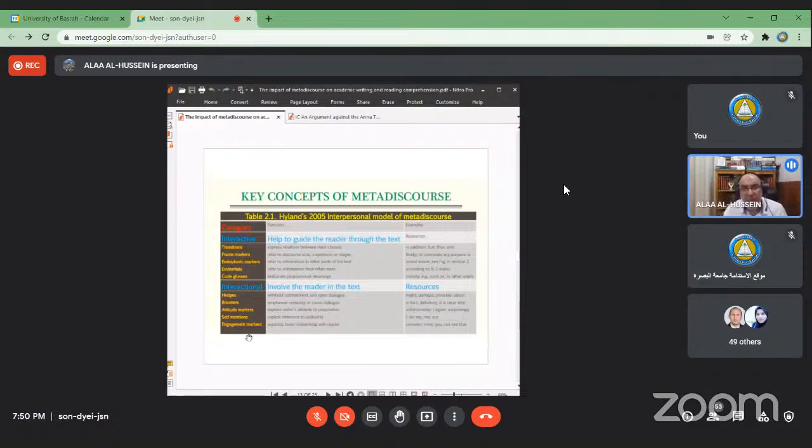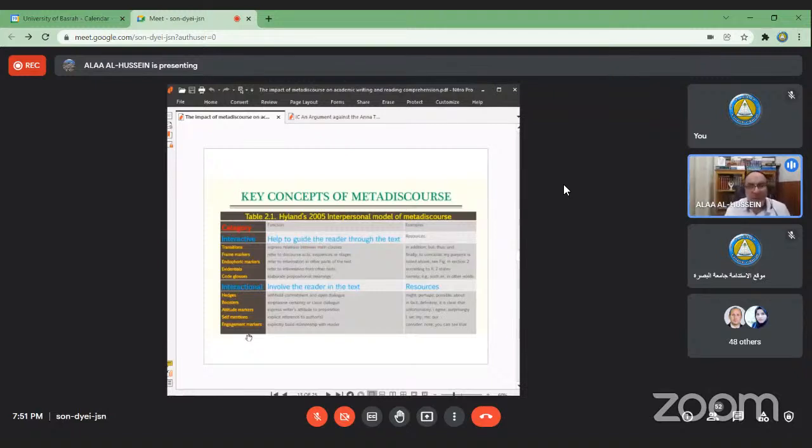And the interactive meta-discourse markers are used, for example, transitions, showing contrast, comparison; frame markers showing consequences, or the different stages, or moving from stage to stage, from layer to layer in the discourse.